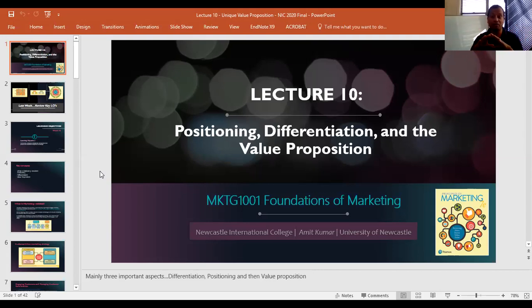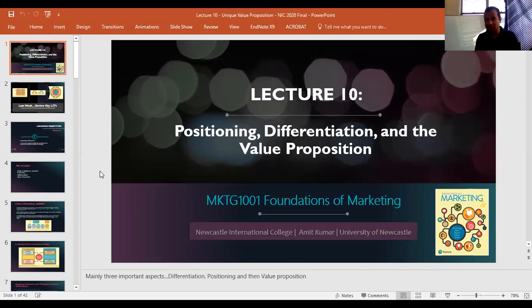Although I am assuming that you have a basic understanding of these terms, because when we dealt with segmentation, targeting, and positioning, we touched on those concepts at the surface level.